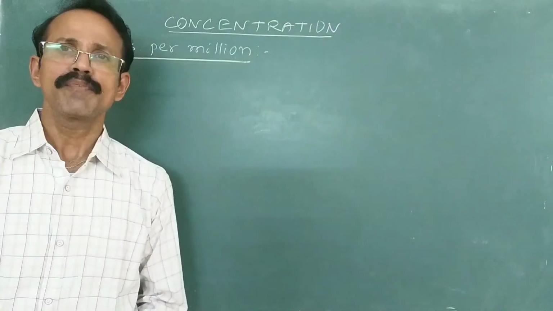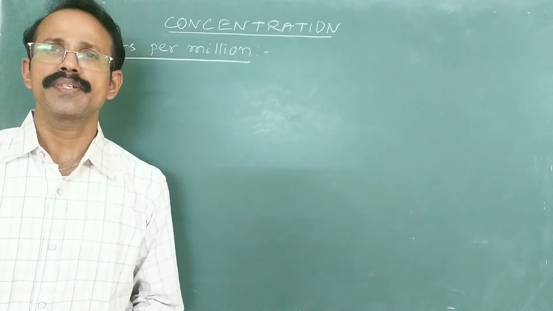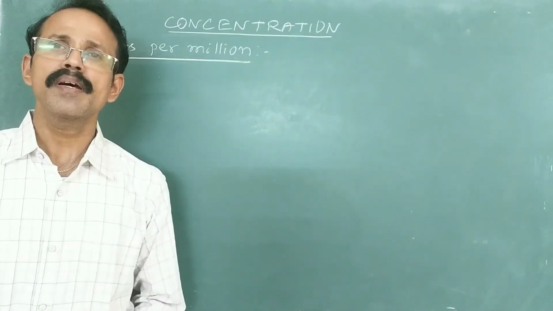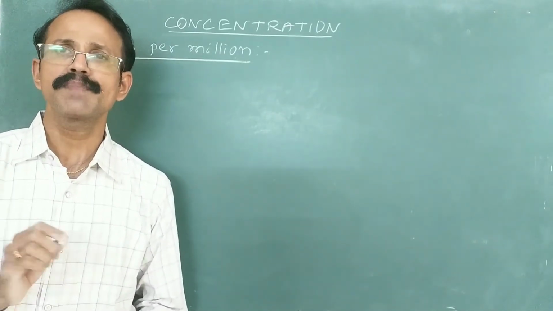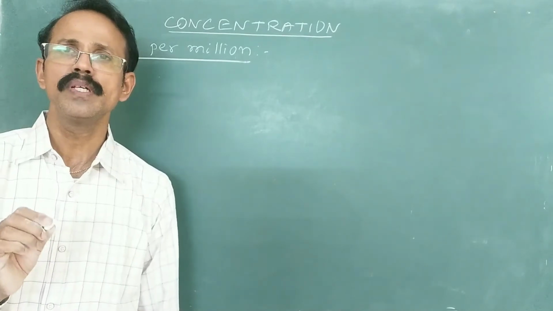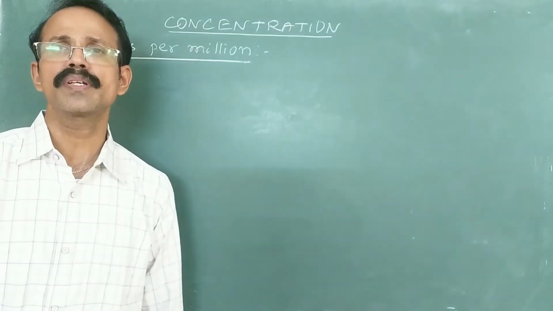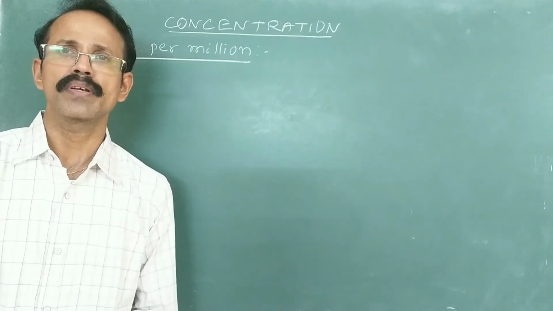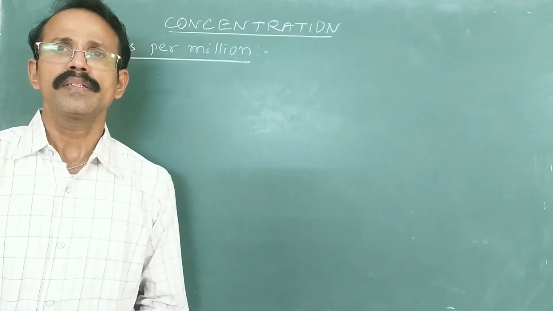Now the fourth method of expressing concentration is parts per million concentration, and this method is used to express very low concentrations of a solution.